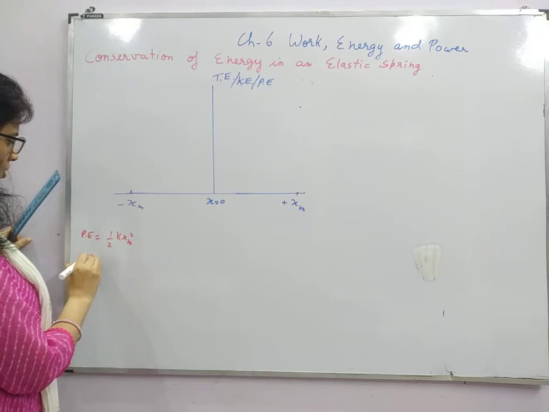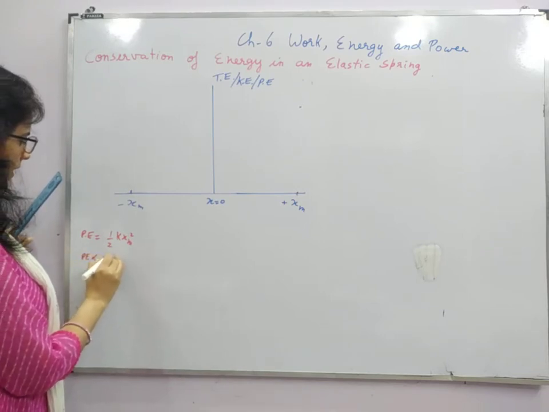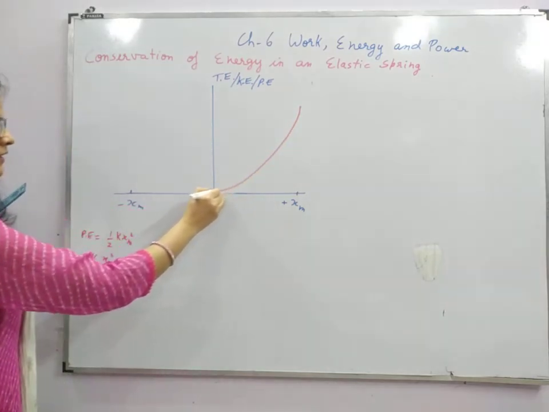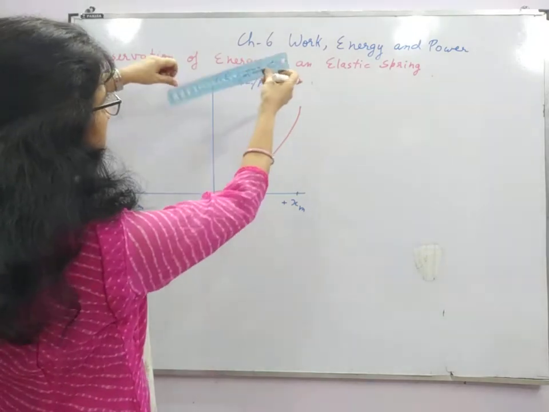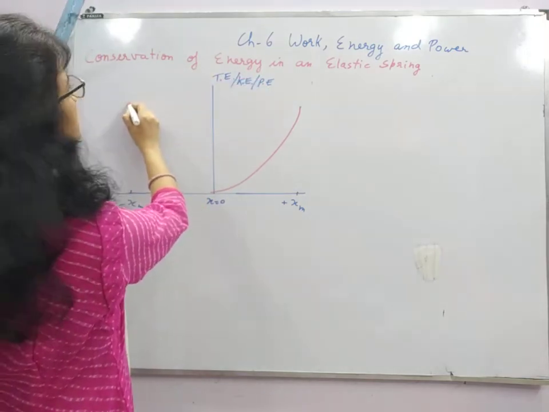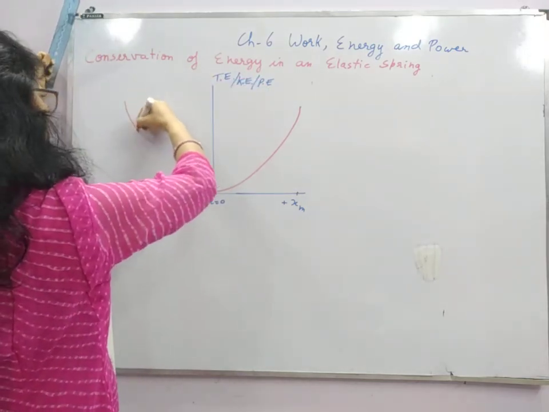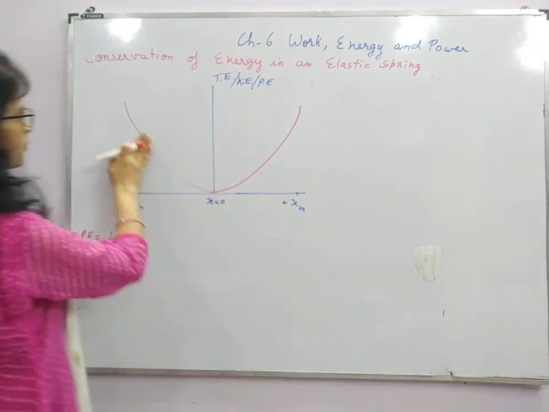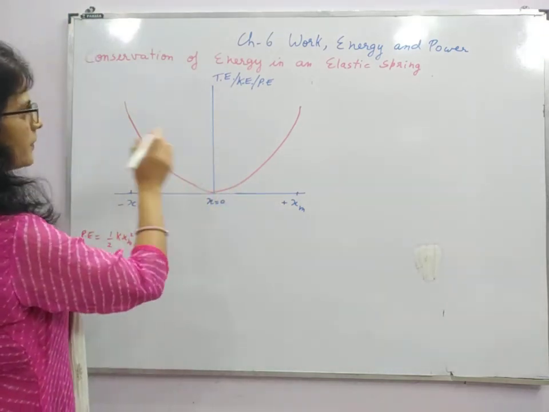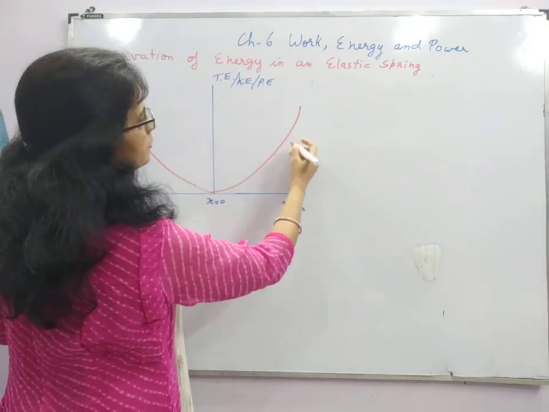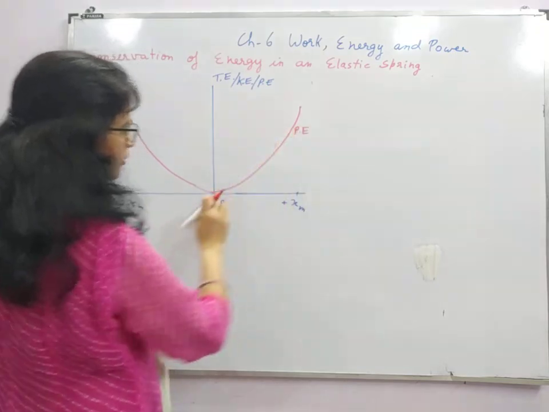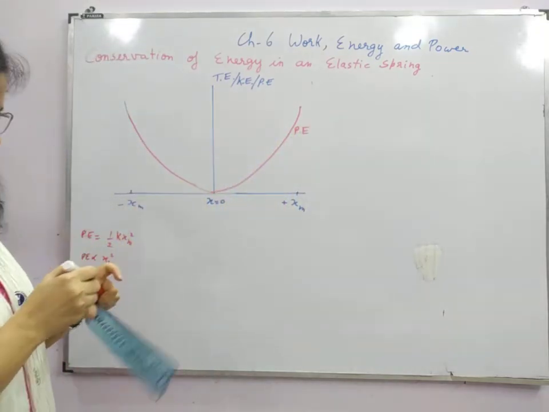So potential energy is proportional to x square. This will be a curve because it is proportional to the square of extension. So this is the potential energy curve, because at mean position the potential energy is 0.